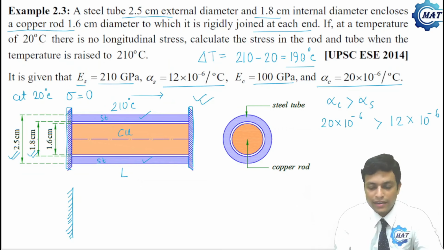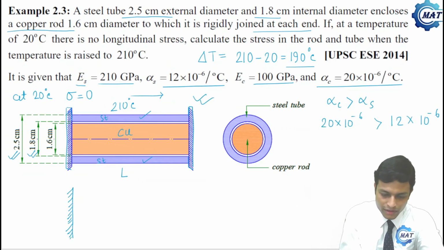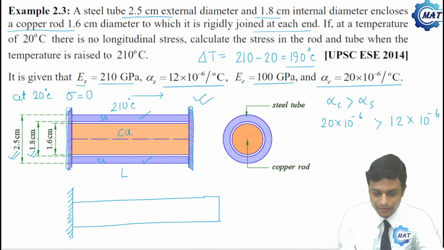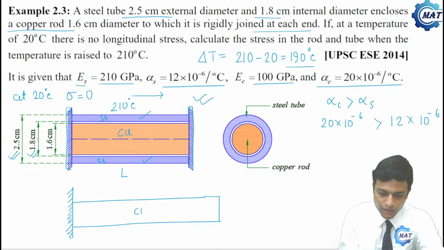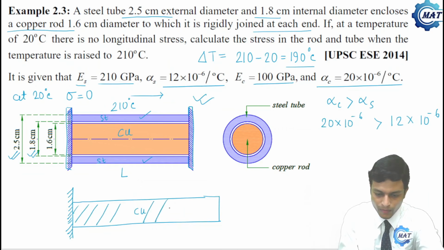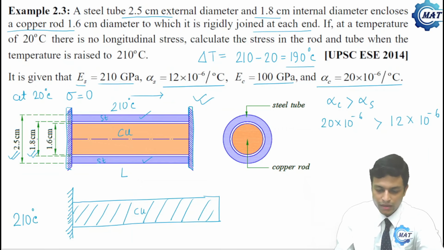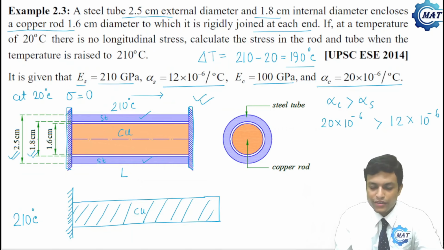Then the copper will elongate somewhere here. This is the length of the copper at 210 degrees Celsius if we let them elongate freely.